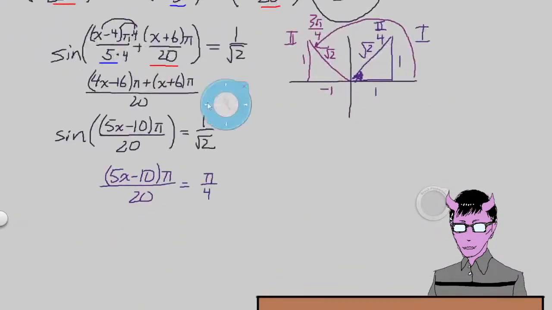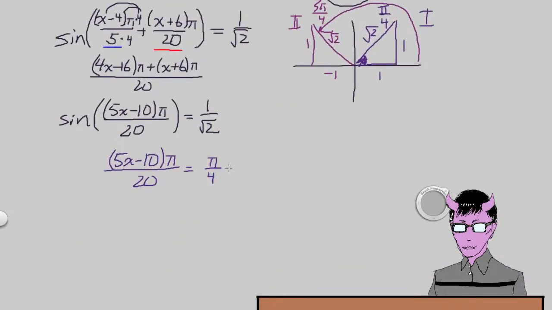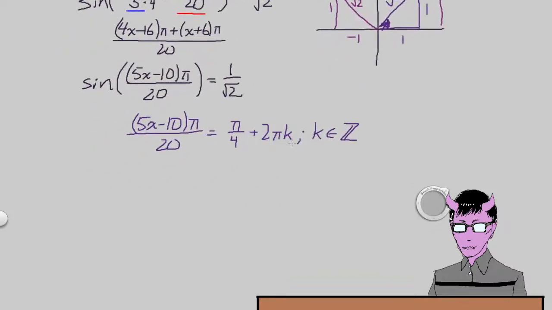No domain restrictions, so we have to put all the answers, so plus 2 pi k. k is an element of the integers. All right.